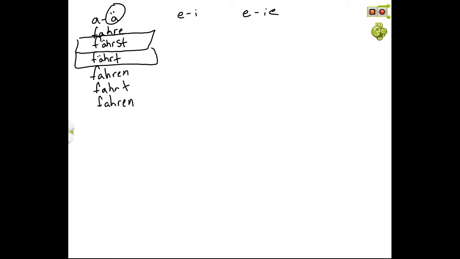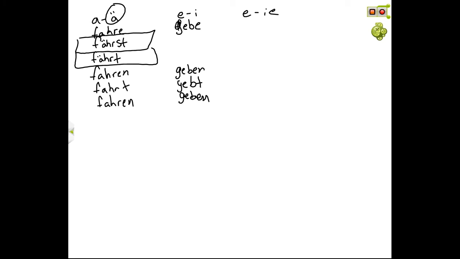Now, there are several verbs that take an E to an IE, or an E to an I change. Again, those are going to be regular in the ich and all of the plural forms. So things like gebe, geben, gebt, geben. Those four forms are, again, regular.